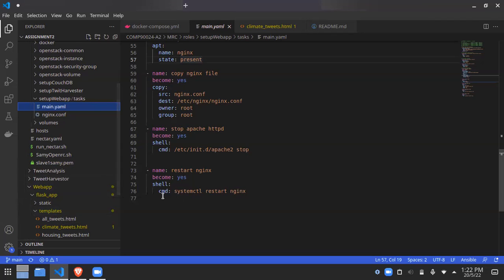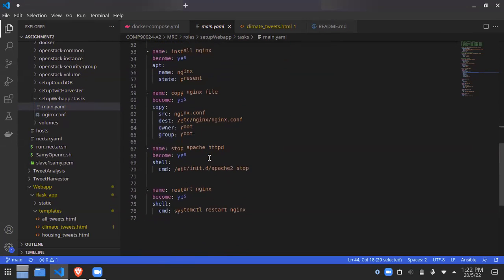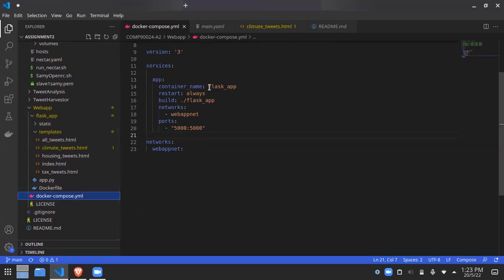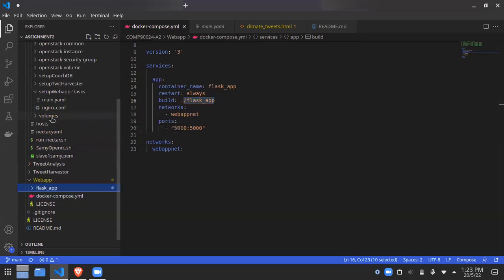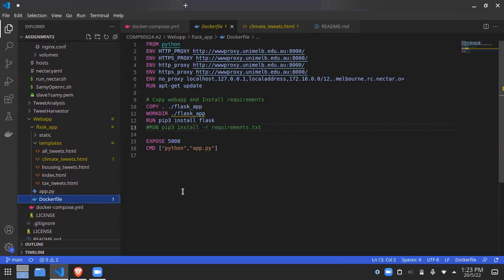So when we run the Ansible playbook, it basically clones the repo to this path, and what it does is it runs the Docker Compose file here, which builds this directory, which is a Flask app directory, which basically calls this file and runs this Dockerfile, which is within it.